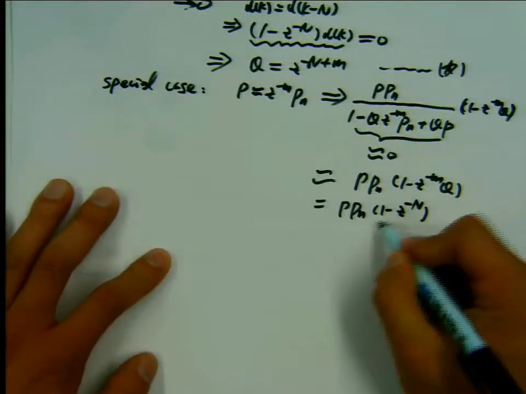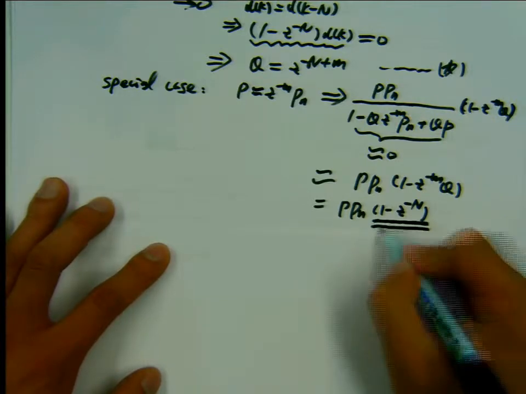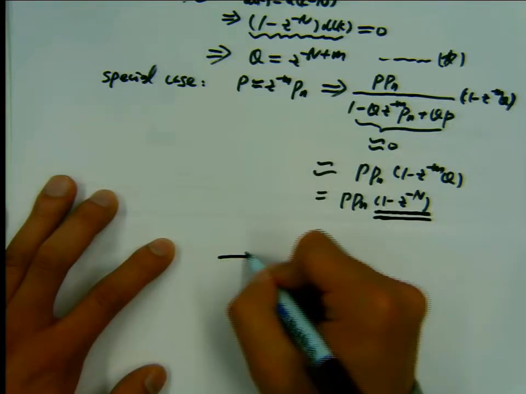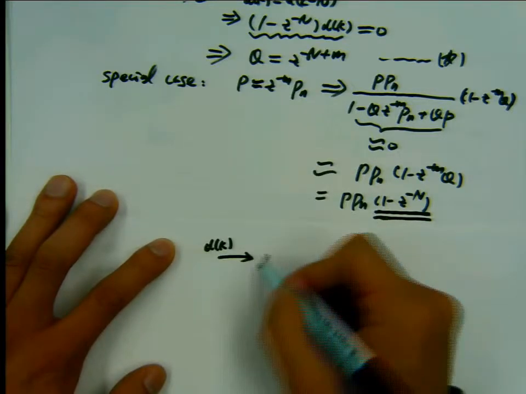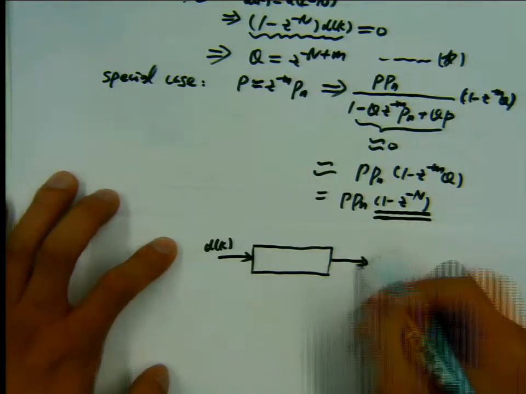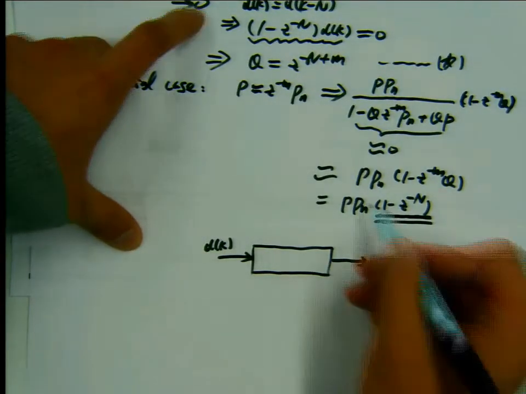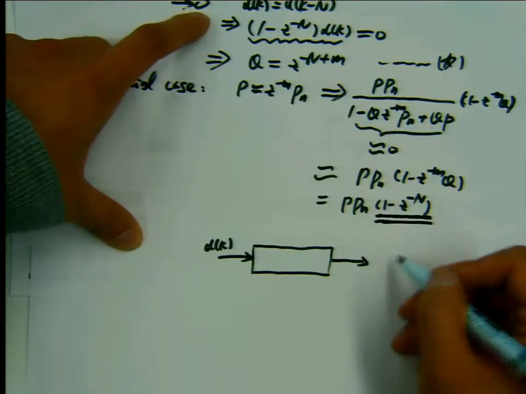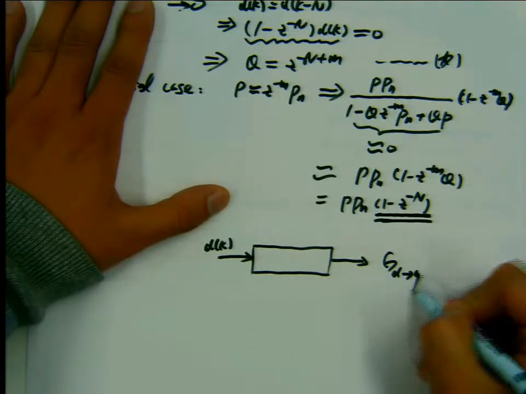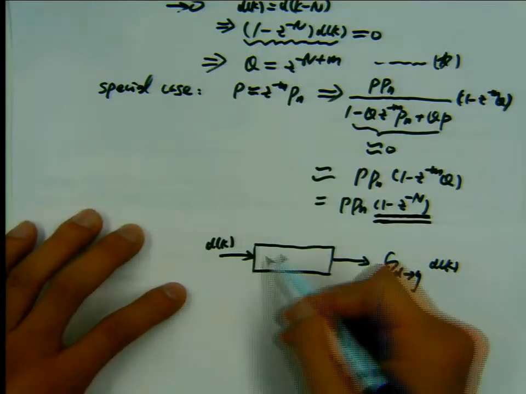Look at this term. If I have a disturbance signal going into the system, so now I'm analyzing the picture I'm drawing, I have disturbance going into the system here, and inside is this transfer function. The output is this G from d to y, times dk.